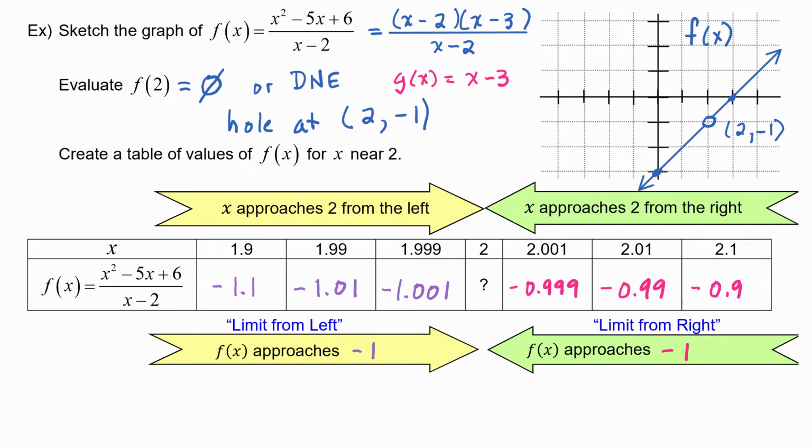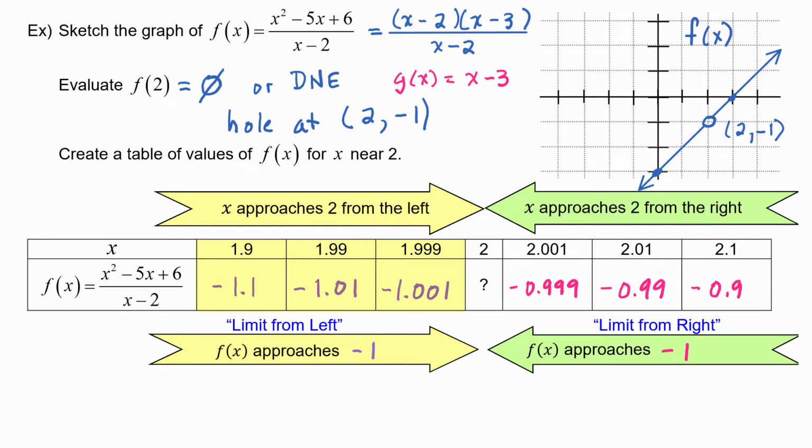Now let's make sure that you understand how this table of values and these two limit values relate to the graph of f of x. Let's look first at the left-hand side. As x approaches 2 from the left, we see that the y values are getting closer and closer to negative 1, coming in from values that are below negative 1.